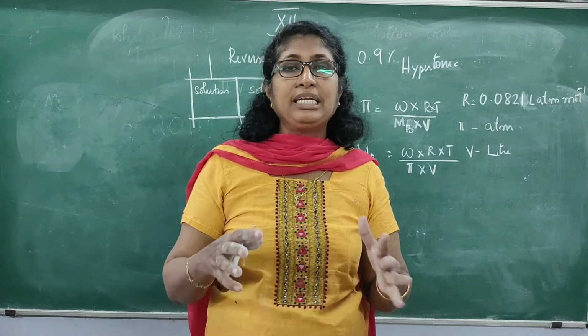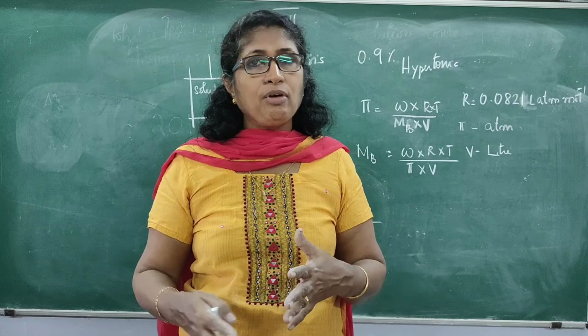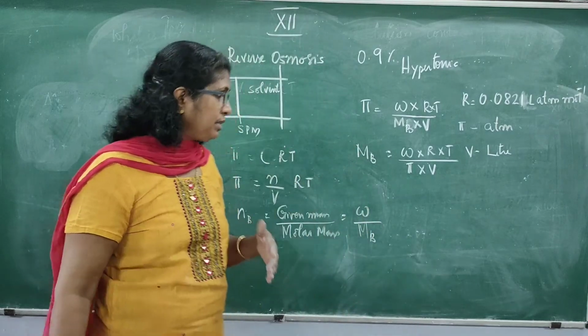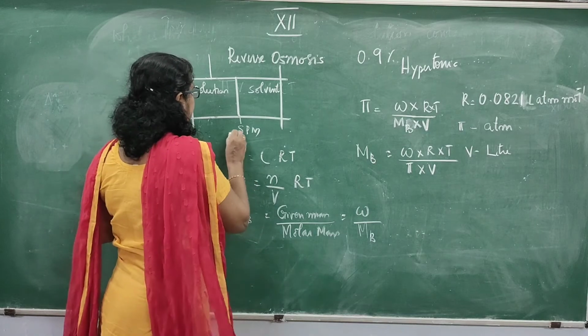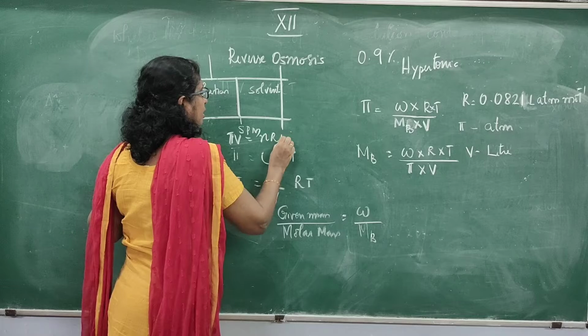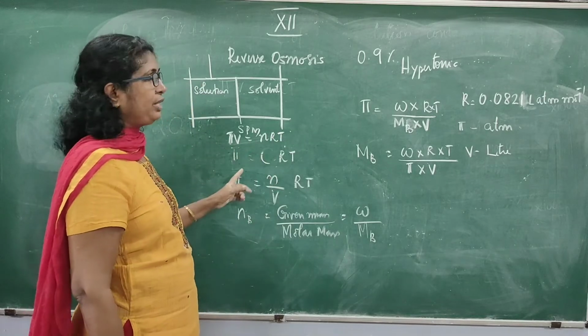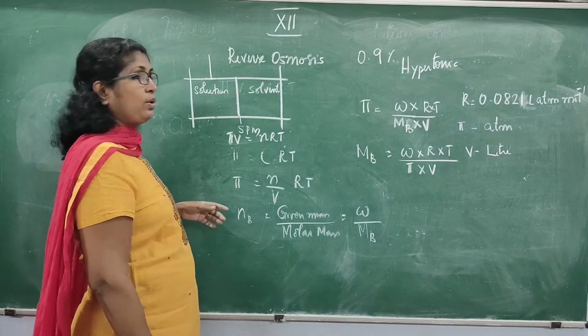So osmotic pressure is a colligative property. It depends on the number of particles. Osmotic pressure Pi: Pi V is equal to nRT, or Pi is equal to n by V into RT, or n by V is equal to C, so Pi is equal to CRT.